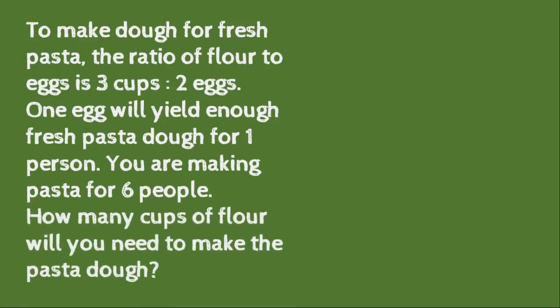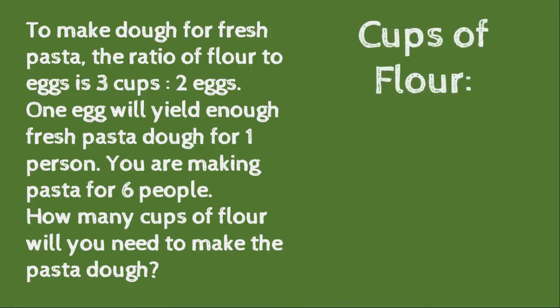For our next example, to make dough for fresh pasta, the ratio of flour to eggs is 3 cups to 2 eggs. 1 egg will yield enough fresh pasta dough for 1 person. You are making pasta for 6 people. How many cups of flour will you need to make the pasta dough? So we need to figure out how many cups of flour.